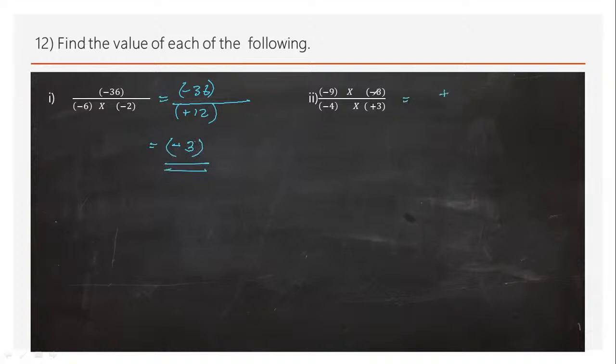Minus times minus is plus, 9 times 8 is 72 over the line, and minus 4 times 3 is 12. 72 divided by 12, minus 6. Minus 6.